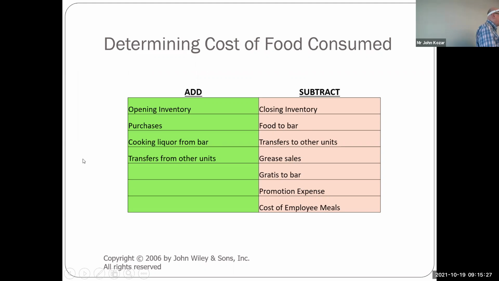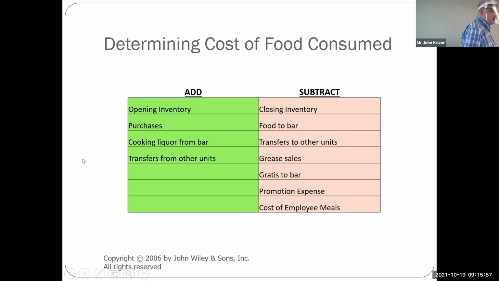There's a local Mexican restaurant that I think on Friday nights puts out a little taco bar or nacho bar that the guests don't pay for, but it's to attract people to the bar to increase bar sales. But the kitchen isn't getting anything out of that food cost. It's coming out of their inventory, but it's totally for the bar. So you're going to deduct that type of food.